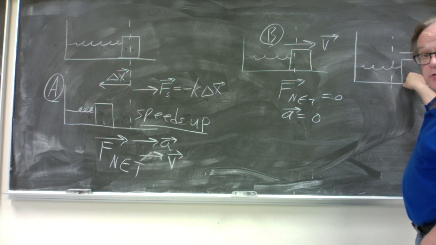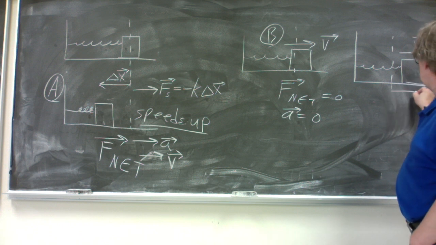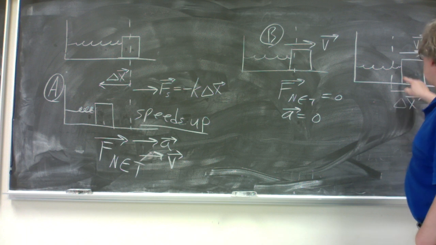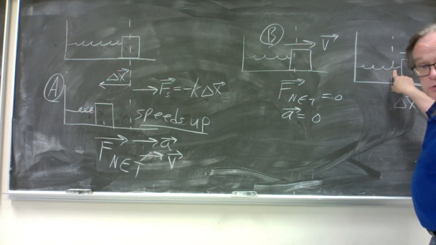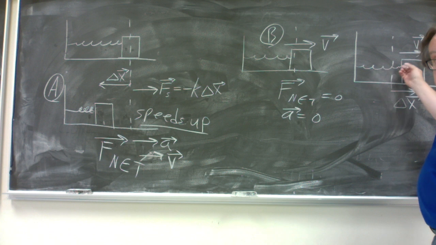There's a displacement of the mass away from equilibrium to the right, or what amounts to the same thing, this end of the spring has a displacement to the right. This part of the spring is stretched to the right.